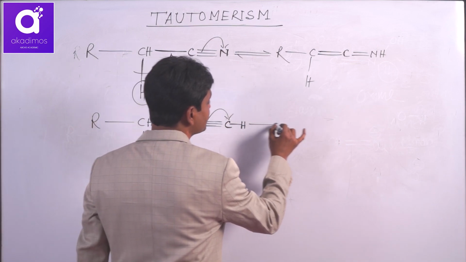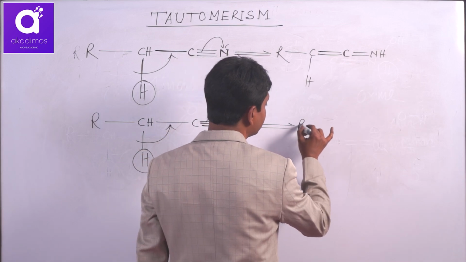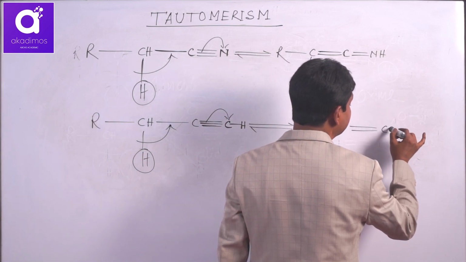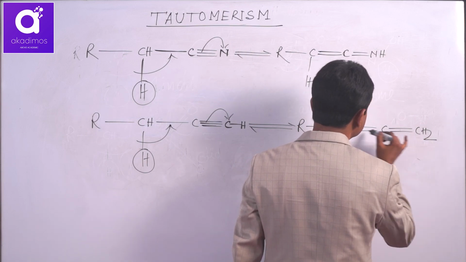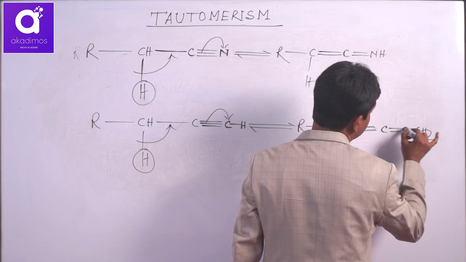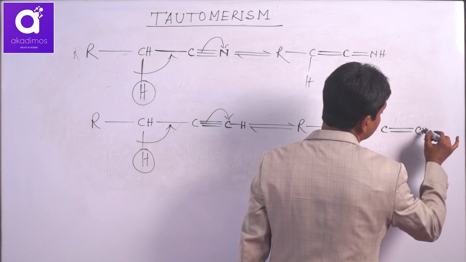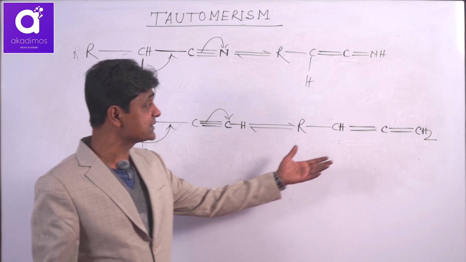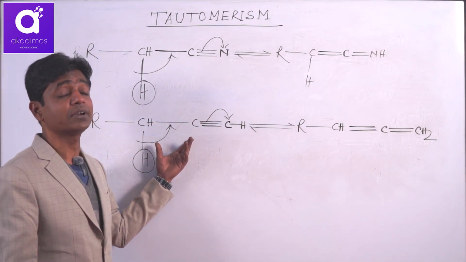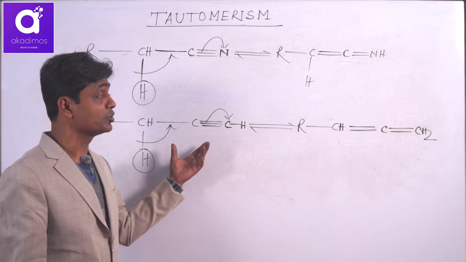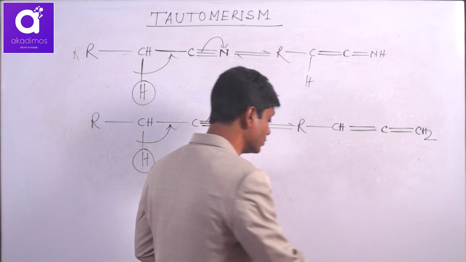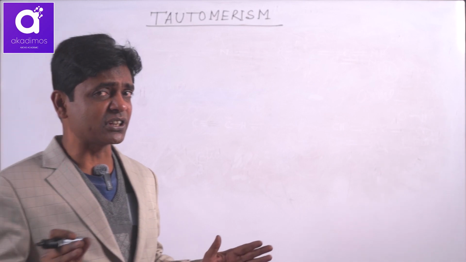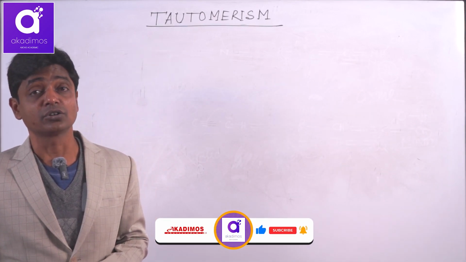The condition is that an alpha hydrogen should be present, and you will get a new structure known as allene. We'll discuss the allene system in the stereochemistry part. Two pi bonds are mutually perpendicular, and this allene system is the tautomer of alkyne. Remember, tautomers of alkyne.